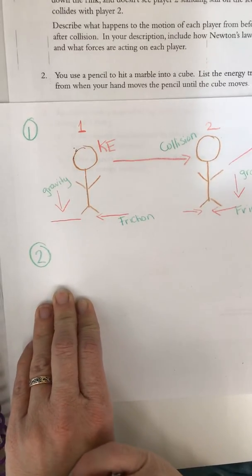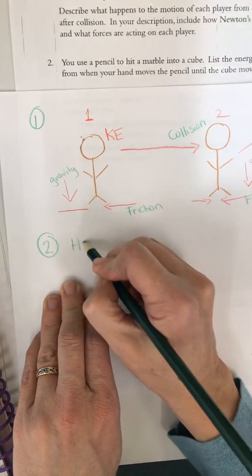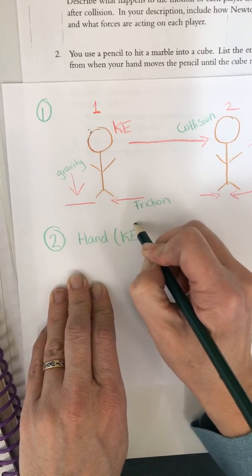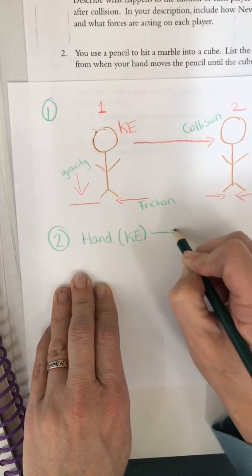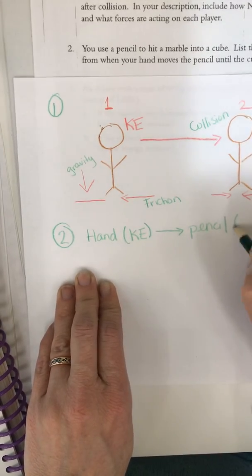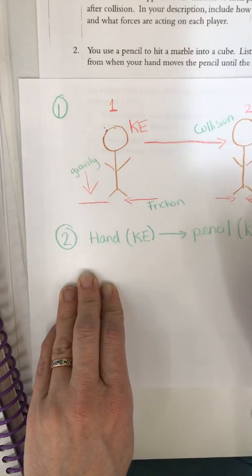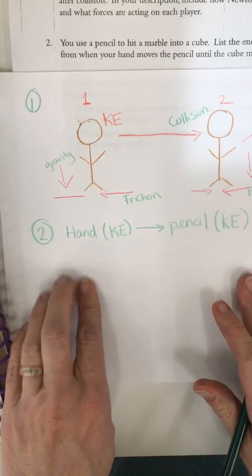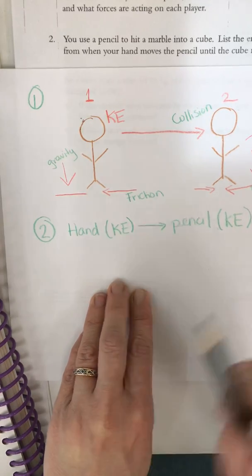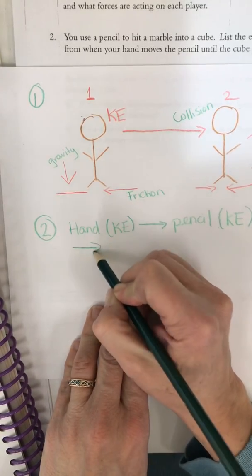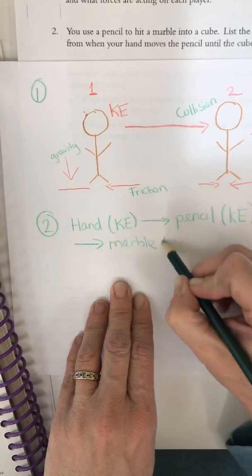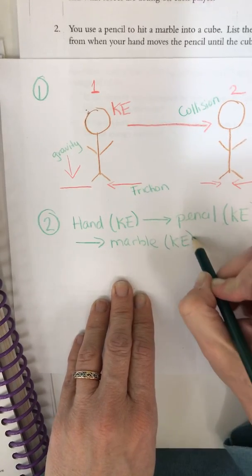So in this case, I have my hand moving, which is kinetic energy. It's gonna transfer to the pencil moving, which is kinetic energy. And then we're gonna have the marble, which also is moving, so it has kinetic energy.